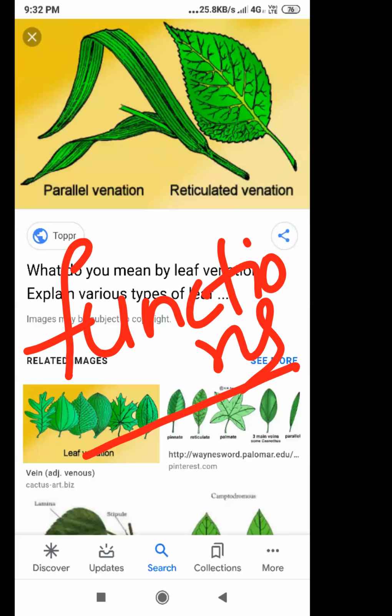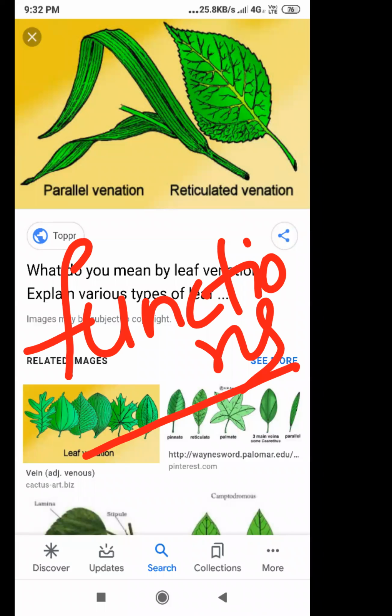If it evaporates through the leaf, then we call it transpiration. You can simply say it is the removal of water through the leaf. If the removal of water happens on the surface area of land, then we call it evaporation.